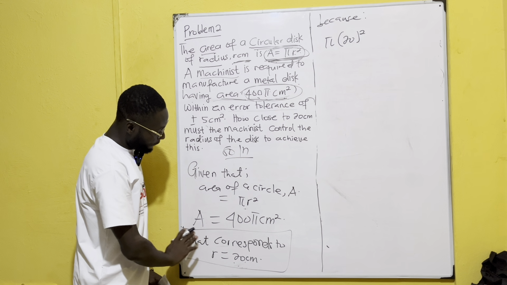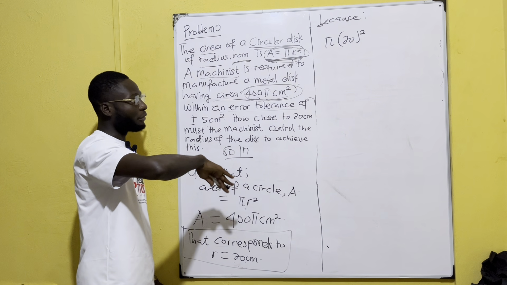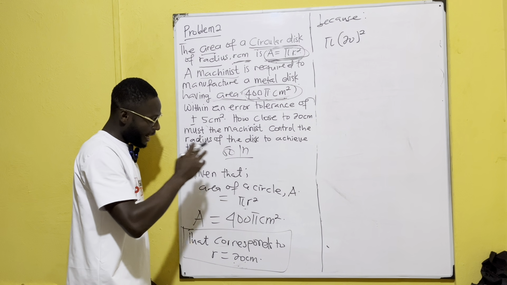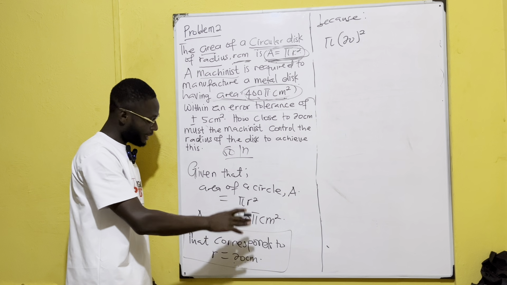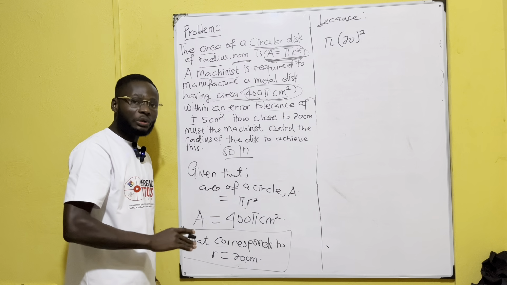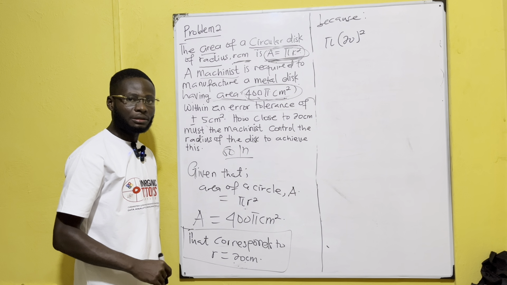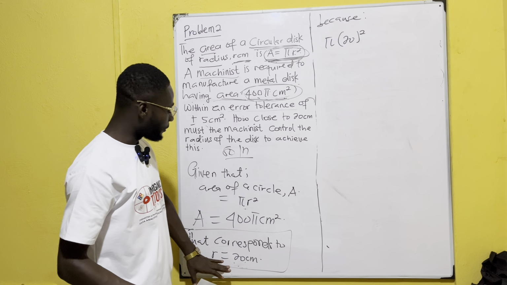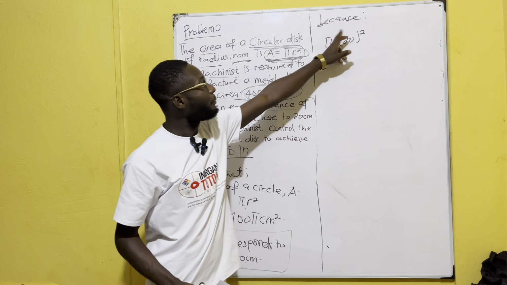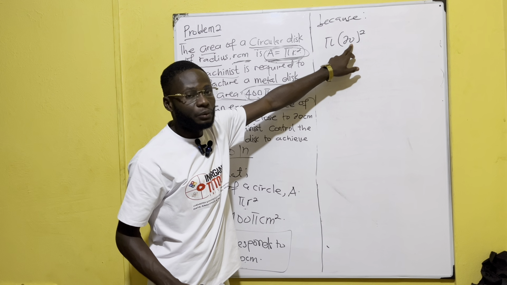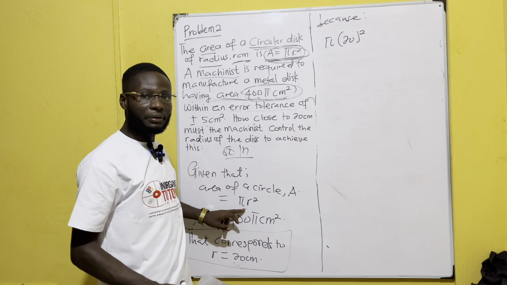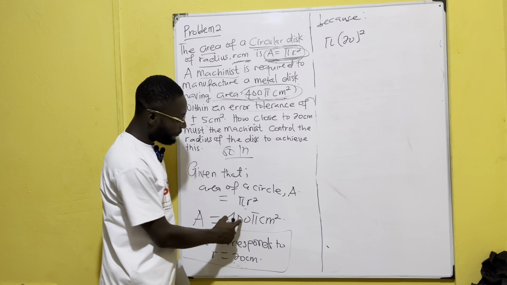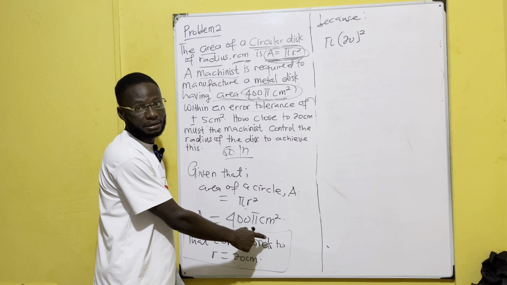So the area of the record disk is 400 pi centimeters squared, and the area of the circle is pi r squared, and we have been given a radius to work with, which is 20 centimeters. So when you take the r, which is the 20, substitute it into the area of the circle and you simplify, you're going to have 400 pi centimeters squared, right?